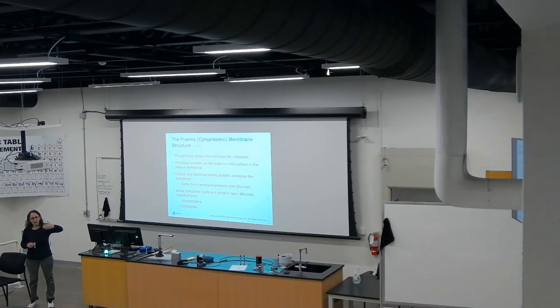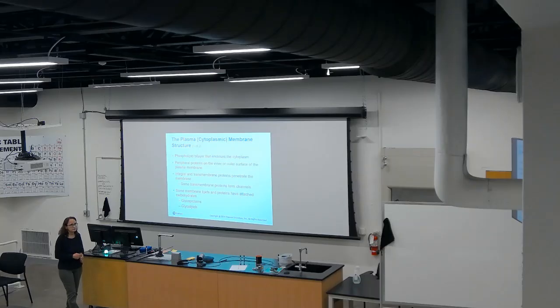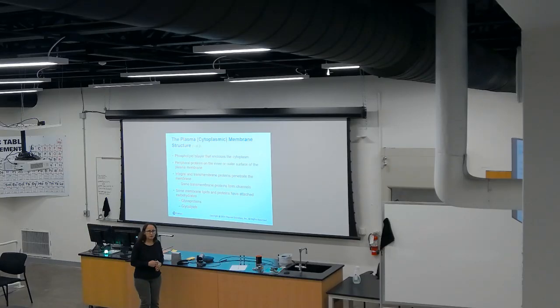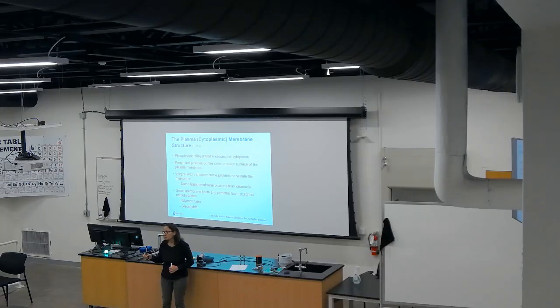Basically, these span across the two leaflets of the membrane. And then some of these transmembrane proteins will have a gap in the middle, which acts as a channel. So through this channel, molecules can come in and out.